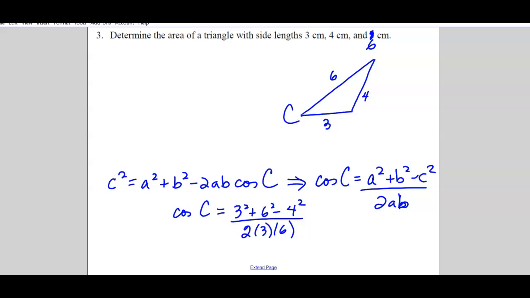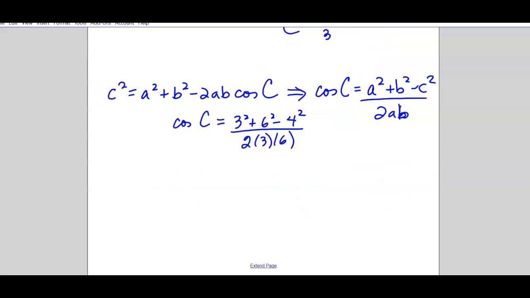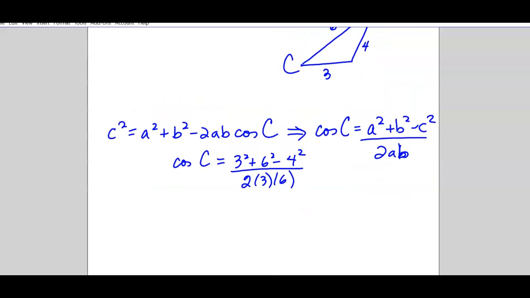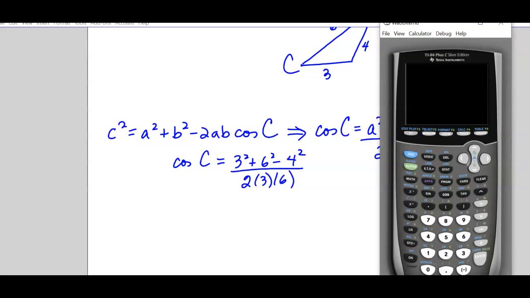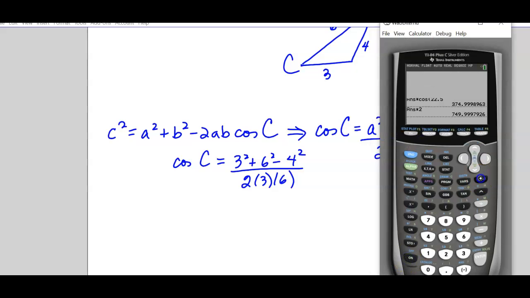Okay, and you are expected to know sine law and cosine law. Okay, it's not on your formula sheet. So if you have the fraction capability on your calculator, this is where it's kind of handy because then you don't need brackets.